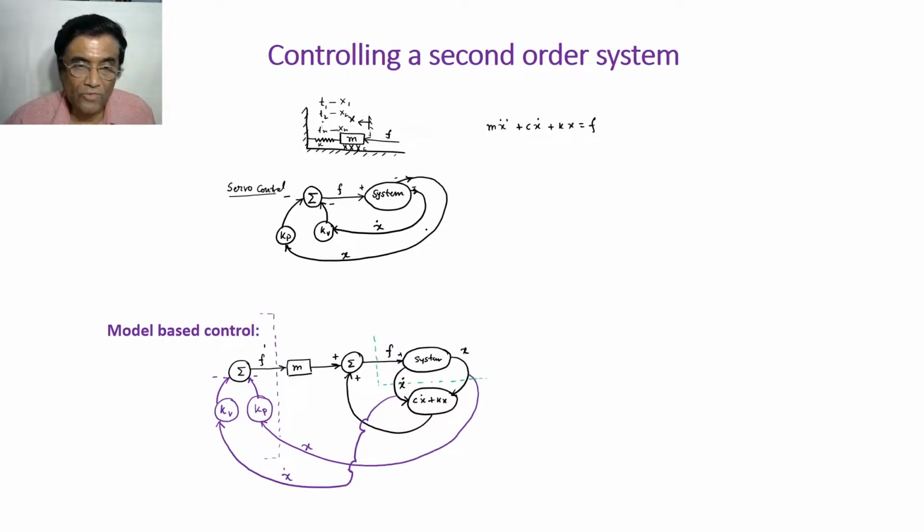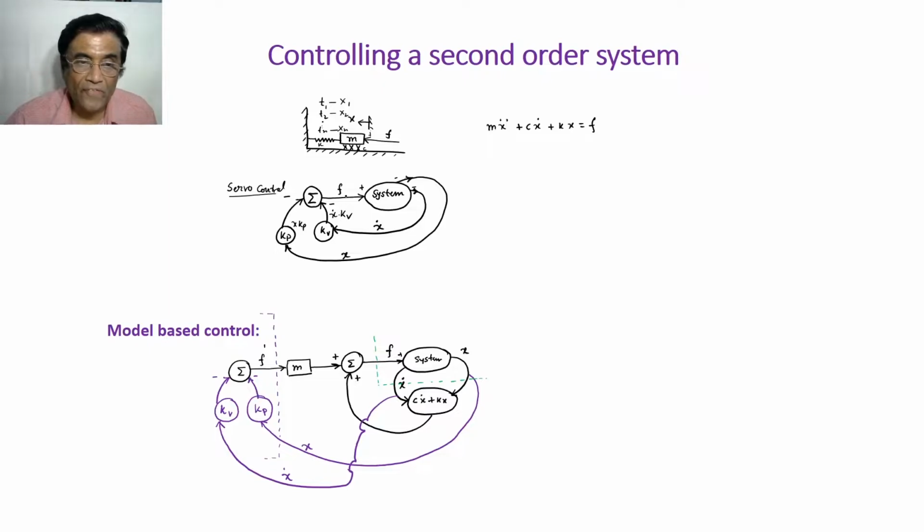What we have done is take these, and with some gain parameters I am multiplying. Here this is x dot Kv, this is x Kp, and negative feedback we have given, which is very common for stability. Normally we give negative feedback.